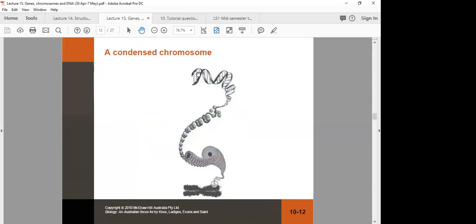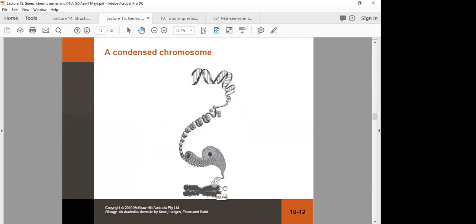All right, let's look at our double-stranded DNA here, just on its own. And if we follow that down here, we can see that it's going to start wrapping around these histone proteins. Here it is, wrapped around. And now we condense and coil that DNA and protein even further until it becomes part of a chromosome.